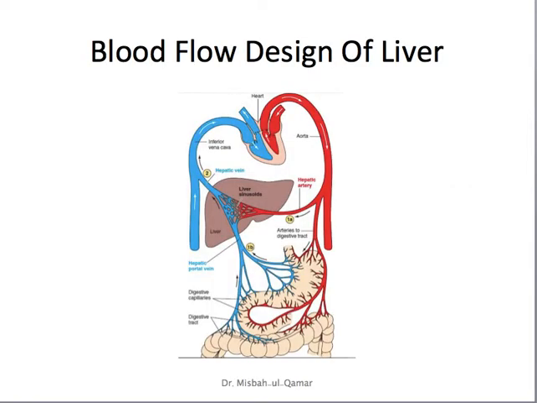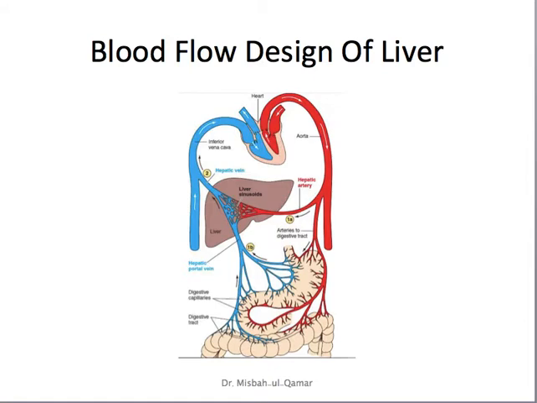Let's now move on to the blood flow design of liver. You see, liver receives blood from two sources: arterial blood, which provides the liver's oxygen supply and carries blood-borne metabolites for hepatic processing, and this is delivered by the hepatic artery.